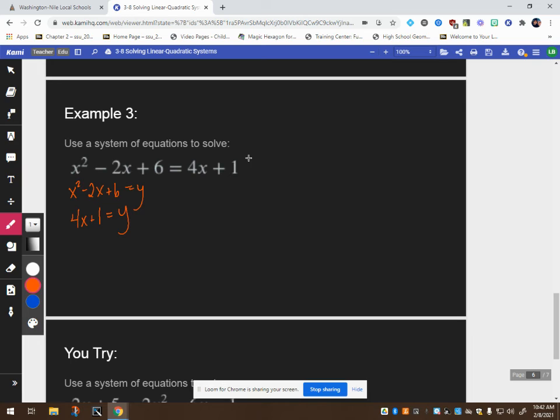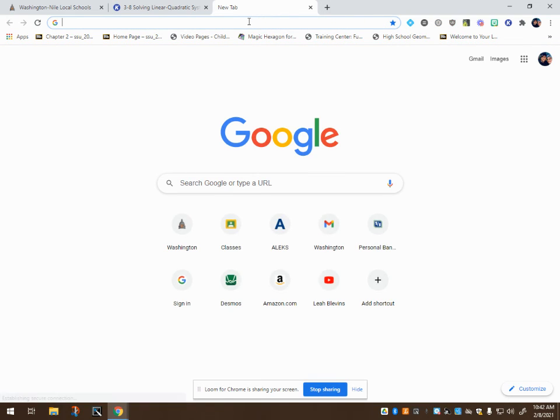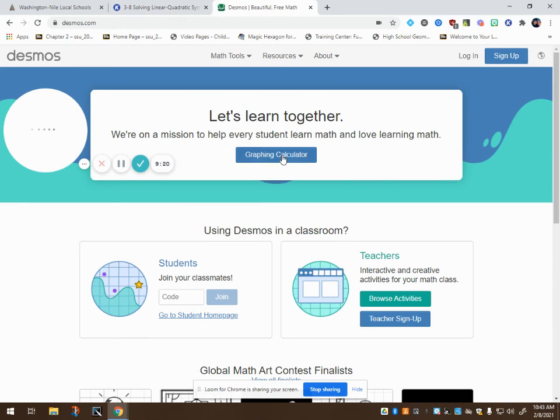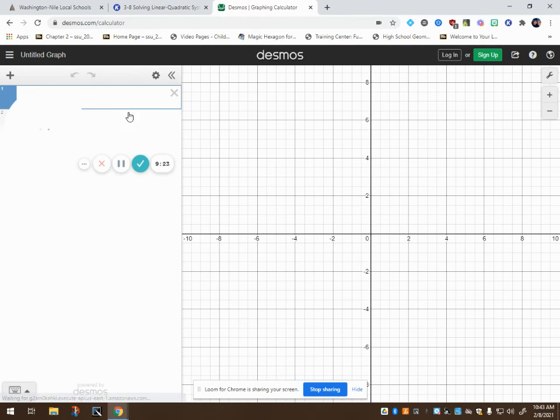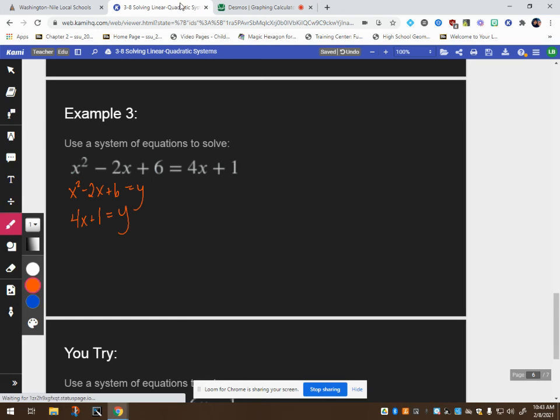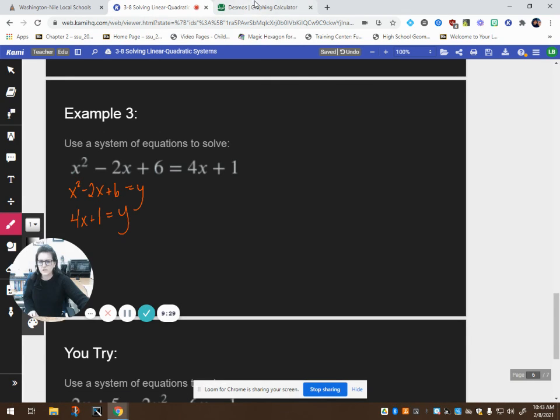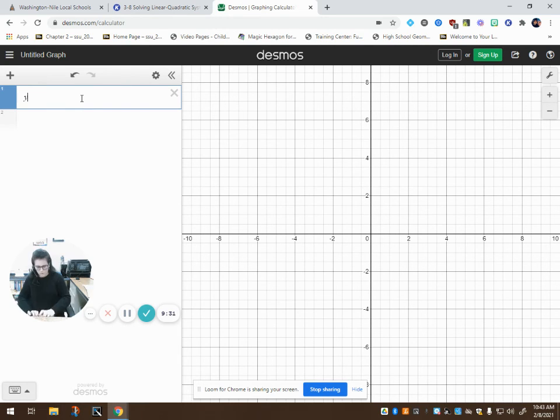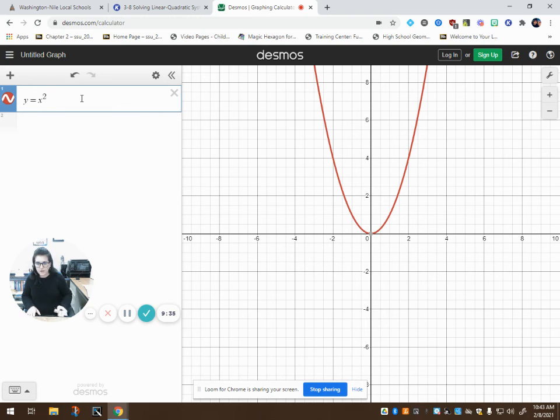At this point, if I was doing virtual learning at home, rather than sit here and spend hours trying to solve this, I would go to the Desmos graphing calculator and type in x squared minus 2x plus 6, and y equals 4x plus 1.